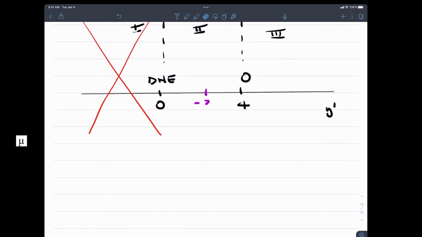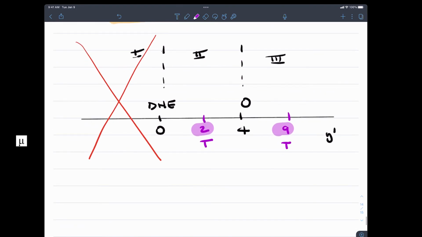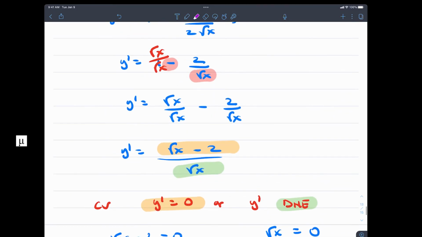I'm sorry, not -2. I'm going to say positive. I'm going to use a +2 test point. I'm going to use a +9 test point. Two and 9. Where's the function?